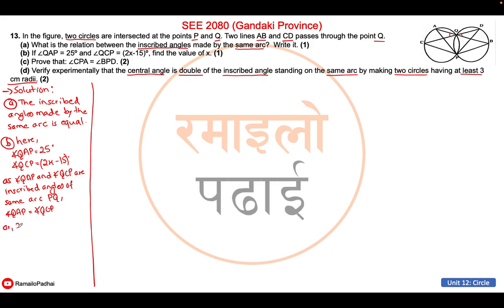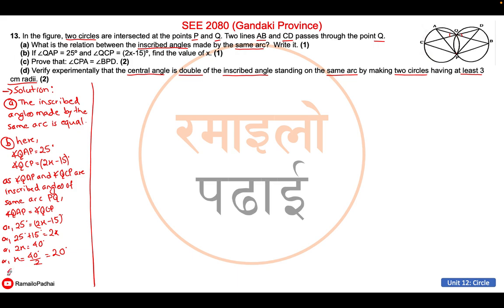So 25 degrees is equal to 2x minus 15 degrees, and that gives us 25 degrees plus 15 degrees is equal to 2x, or 2x is equal to 40 degrees, or x is equal to 40 degrees divided by 2, which is 20 degrees.